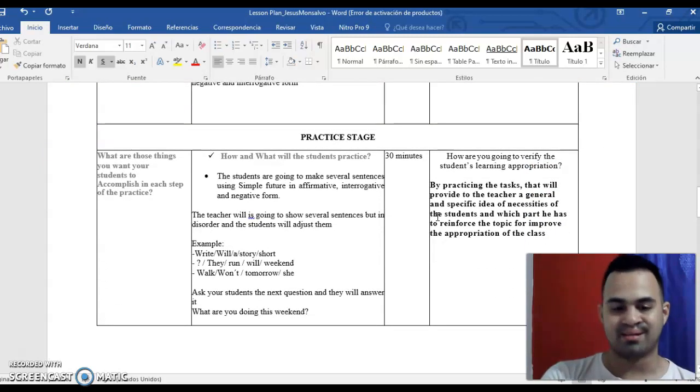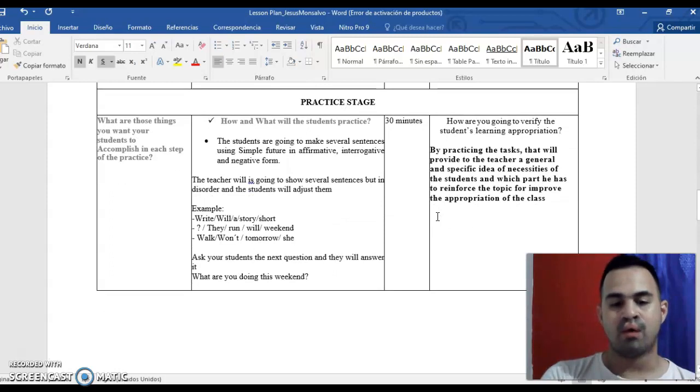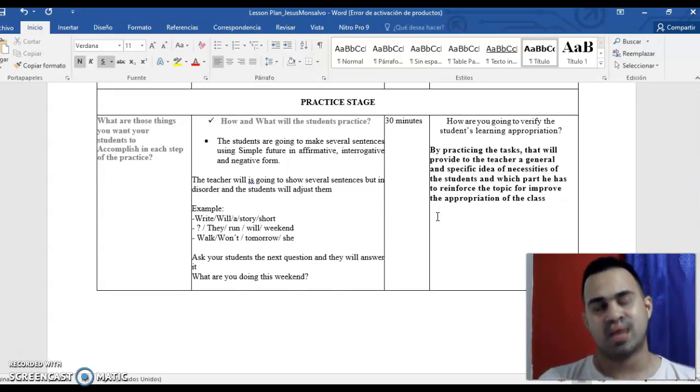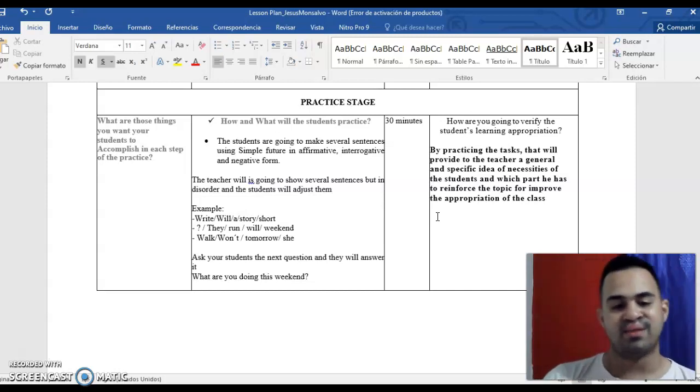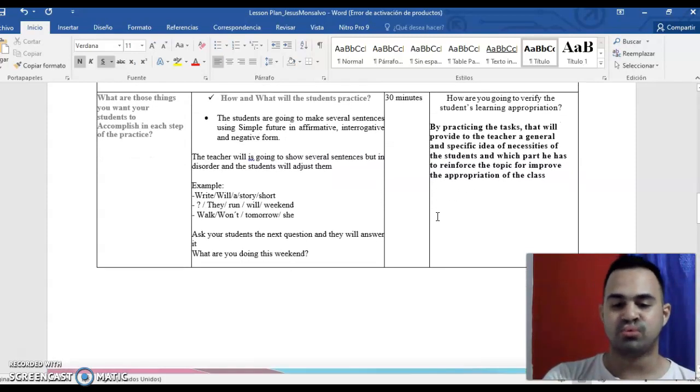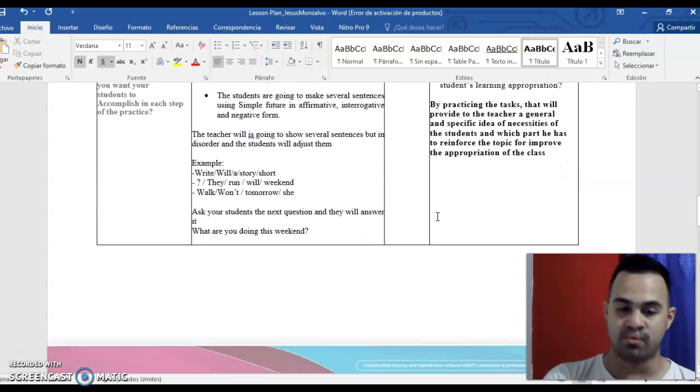So, the practice stage. How and what will the students practice? The time for this stage is 30 minutes, and the students are going to make several sentences using the simple future in affirmative, interrogative, and negative form.